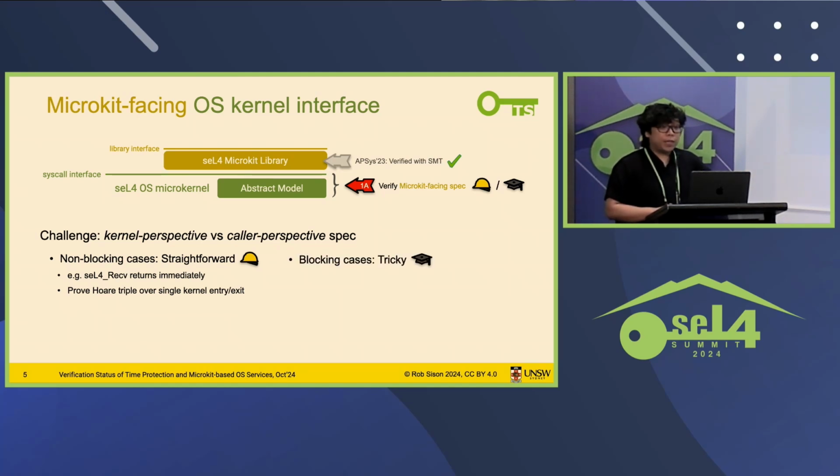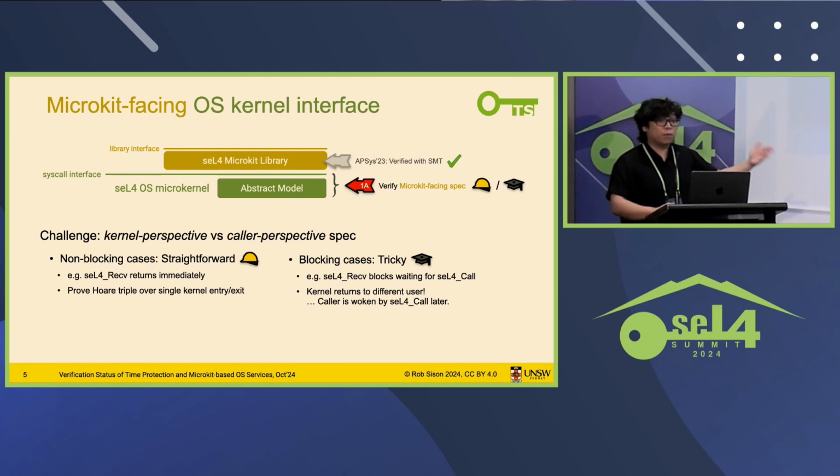Now, the tricky case is when we block. Say seL4 receive is called, but there's nothing to receive at that moment. Then the OS kernel will not return to that same user. It'll return to someone else, and any number of other user processes may then be scheduled, right?